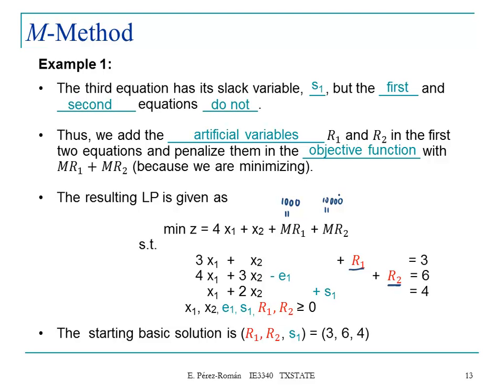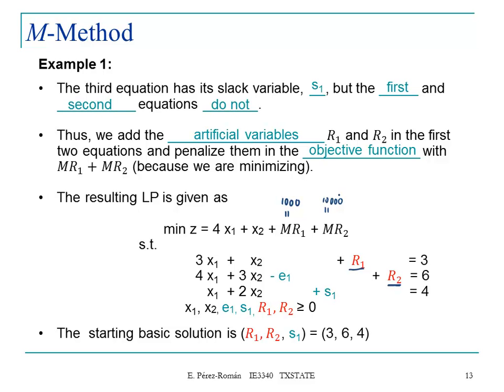If you want to minimize the summation of this, if those coefficients are that big, what the problem is going to try to do is to make these artificial variables 0, or the minimum value they can be. Because if this is 0, they will not contribute, and the value of the objective function is going to be very small. But if this is 1, for example, then you are already adding 1,000 to your objective function.